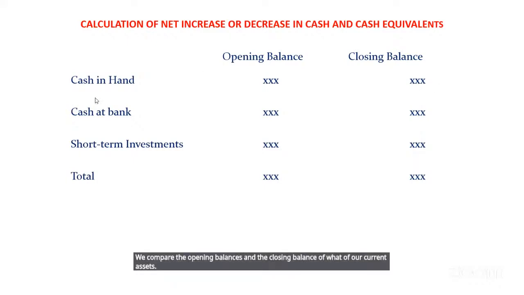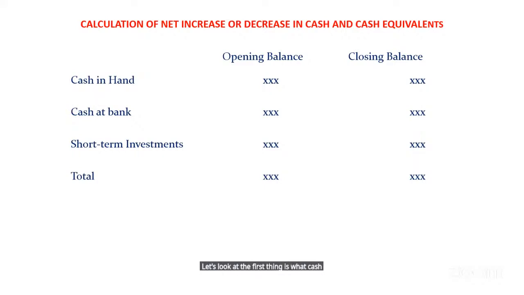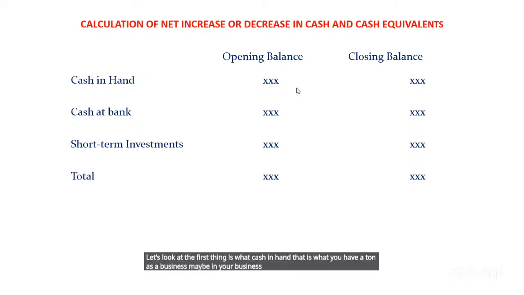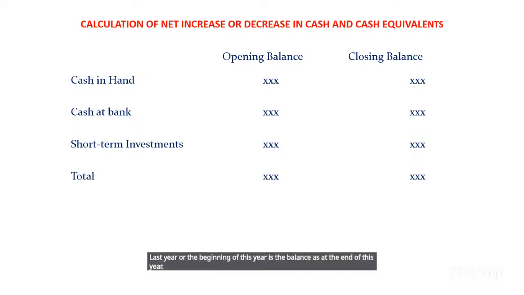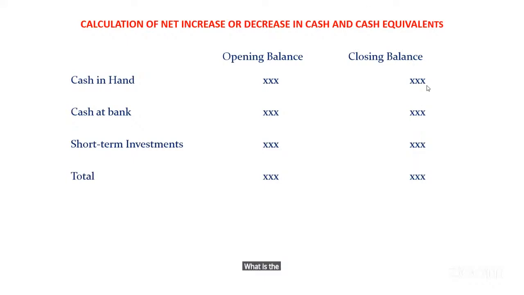The first thing is cash in hand. That is what you have at hand as a business, maybe in your safe. Opening balance, let's say we have an amount XXX. Closing balance, we have XXX. Opening balance is the balance as at last year or at the beginning of this year. Closing balance is the balance as at the end of this year. Then we have cash at bank.